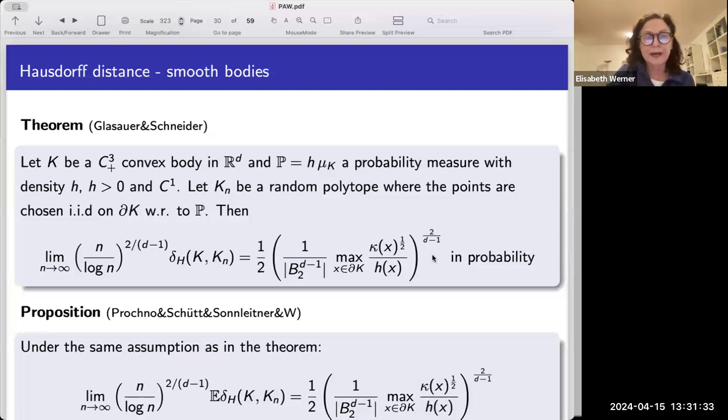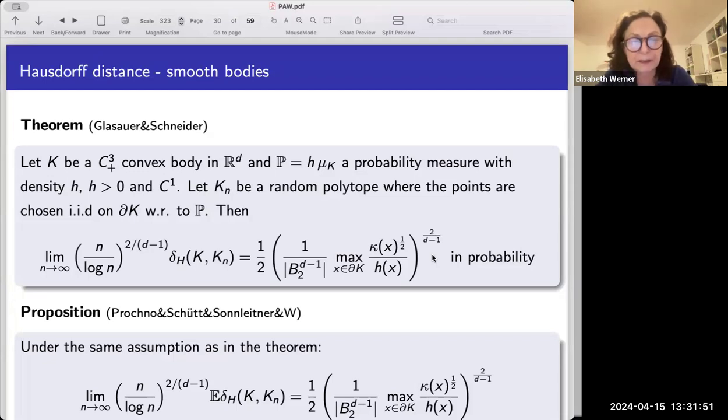And then we realized that we can do that also using this result by Glasauer and Schneider. We'll get, under the same assumptions as Glasauer and Schneider have, the convergence in mean.